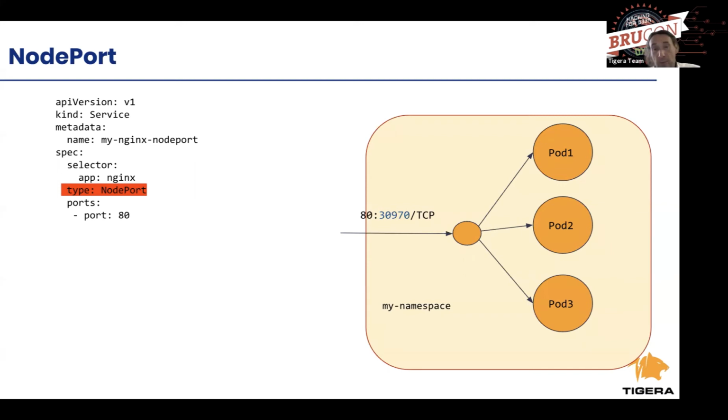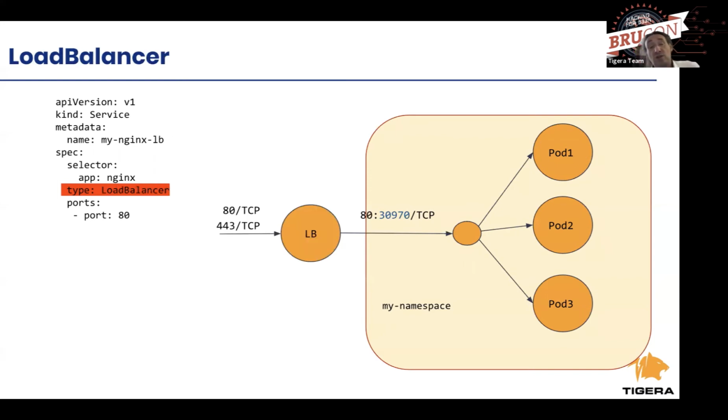Now, this is all cool, but it's not really flexible. As I said, the ports are higher number ports. They're not always predictable. So to solve this, we need to make a small jump outside of the Kubernetes cluster and outside of what is in our control. So there is also an option to specify the type LoadBalancer as service.